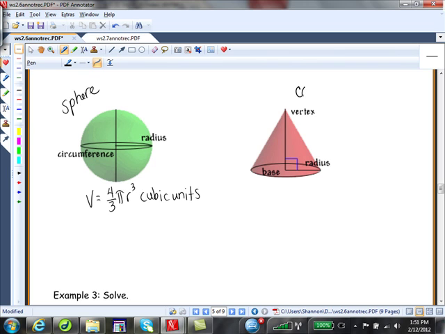A cone, right? And actually, there's one shape I should have included in here, and that is a right circular cylinder. So you have a height measure like this, this is a height measure, and then this is a radius measure.